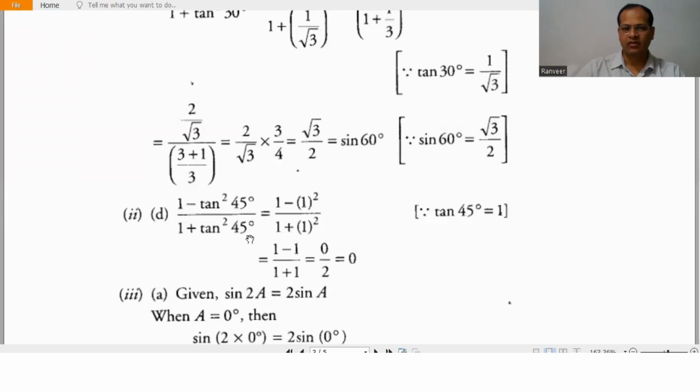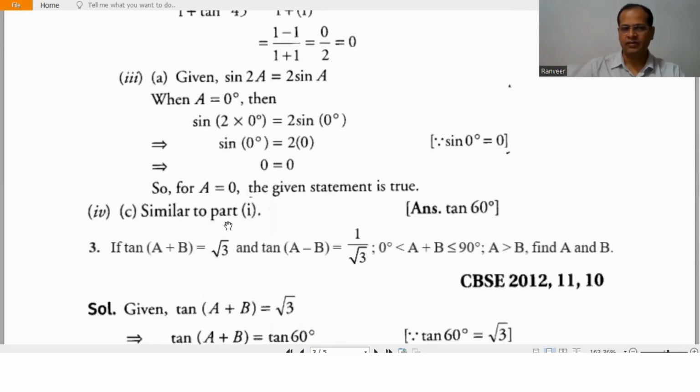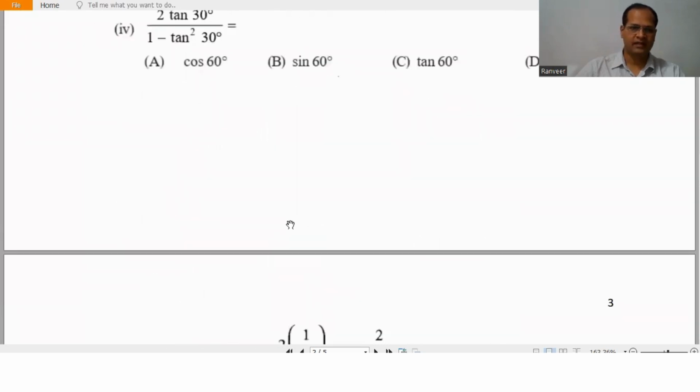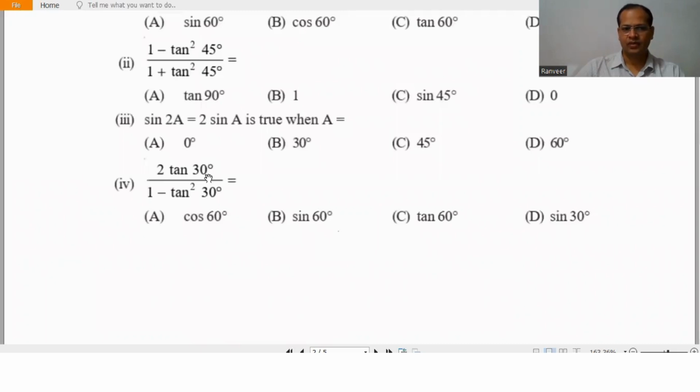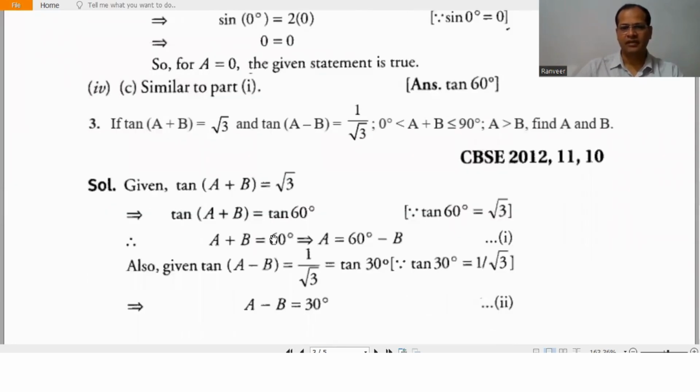Similarly 1 minus tan square over 1 plus tan square, this is 0. Sin 2A equal to 2 sin A, so A is equal to 0, then 0 is equal to 0, this is the true condition. And similarly fourth question you can get it. 2 tan 30 degree, just substitute the value and get the answer. So this is just the value substitution.